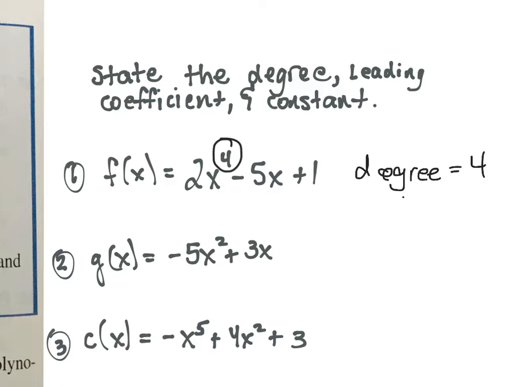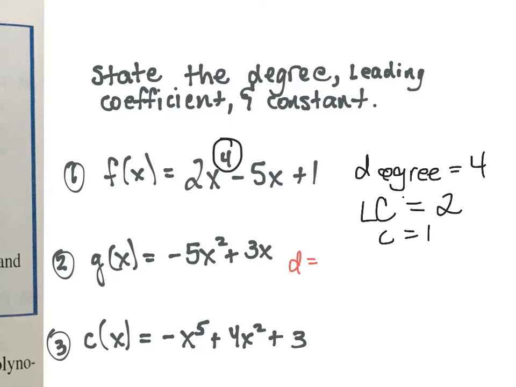If you were to solve this, how many zeros, how many answers would you have? 4. Good. So then the next question says, what's the leading coefficient? Well, what's the number that's in front of the biggest exponent? 2. It's not 2x, guys. It's just 2. And then what's your constant? What's that number that's all by itself? 1. Positive 1. Good. This is easy.